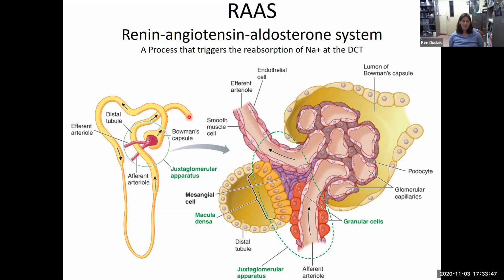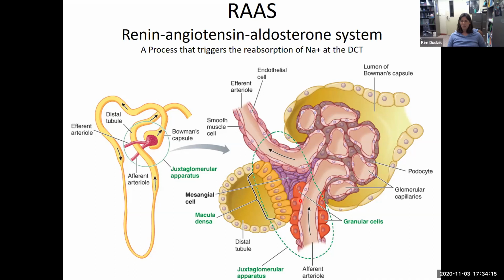It's activated by the release of renin from those granular cells. Here we are back at that juxtaglomerular apparatus. Remember, our DCT crosses in between the afferent and efferent arterioles. The portion of the epithelial cells that are sandwiched in between from the DCT were called the macula densa.